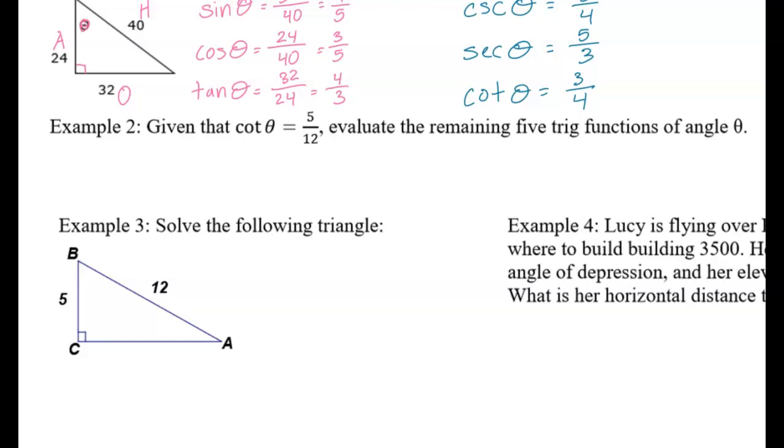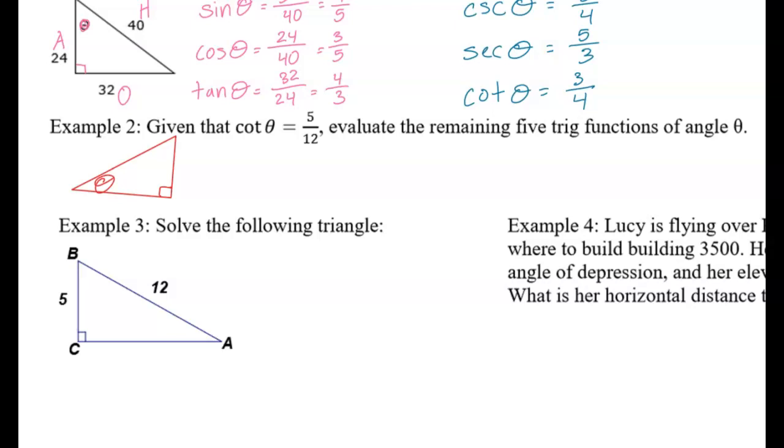Okay, so I'm going to draw a right triangle. There we go. And I'm going to put my right angle, and I'm going to put theta in one of the two leftover corners. It doesn't matter which. And it says that cotangent of theta is 5/12.